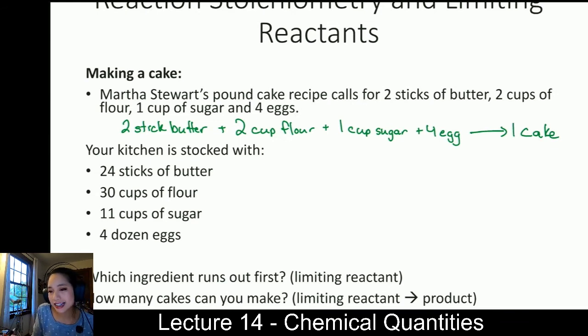So this is technically a combination reaction where we're combining these 4 ingredients and we get one product at the end, a cake. And then you can see here are our coefficients: 2 sticks of butter, 2 cups of flour, 1 cup of sugar, 4 eggs. Those are our coefficients in this chemical equation to give us this product of one cake. That's also a coefficient. All right.